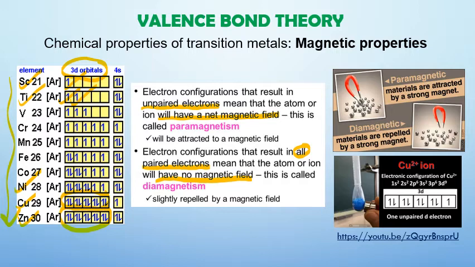Magnetic properties can be proved from experiment. That's why I have shared a video from YouTube about this experiment. Please look at the video and try to understand the explanation and the discussion about this experiment.